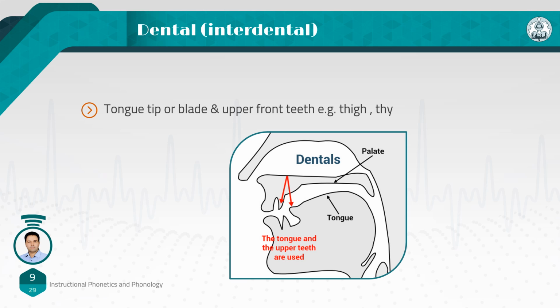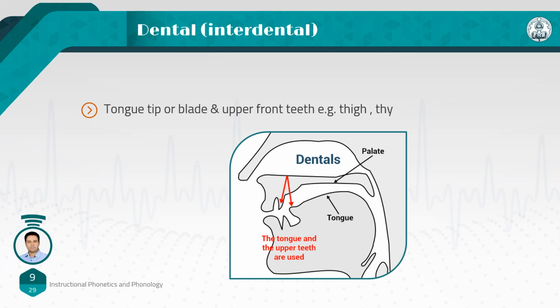Some people, most speakers of American English as spoken in the Midwest and on the West Coast, have the tip of the tongue between the upper and lower front teeth.